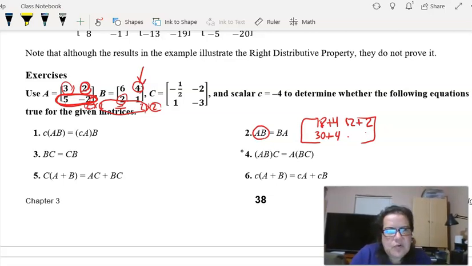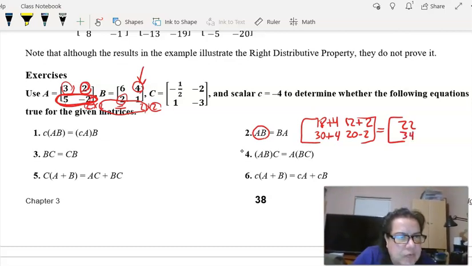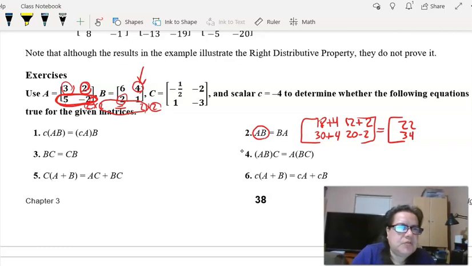So 5 times 4 is 20, and negative 2 times 1 is negative 2. So now I simplify this. 18 plus 4, 22 over here. And then 30 plus negative 4, 34 over here. And then 12 plus 2, 14. And 20 minus 2, 18.